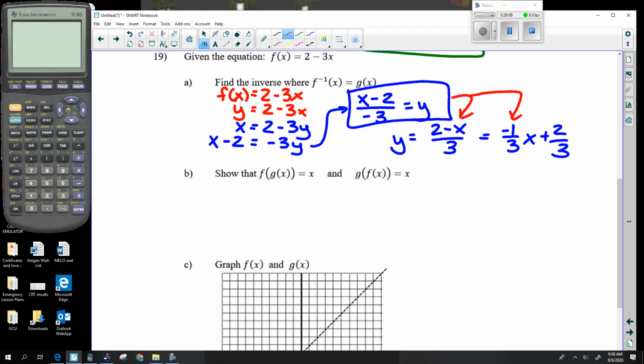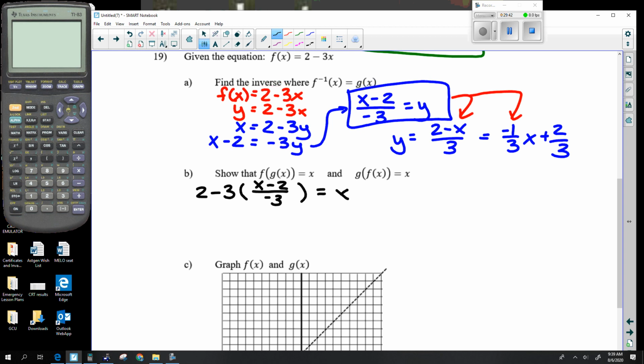Okay, we went over this in I believe the last lesson, showing that if I embed the inverse into the other, they both should be equal to x. So here we go. The f of x is 2 minus 3x, where I have the inverse as being x minus 2 divided by negative 3.